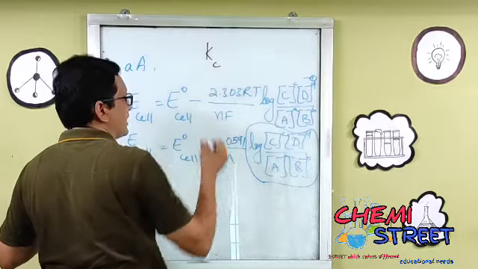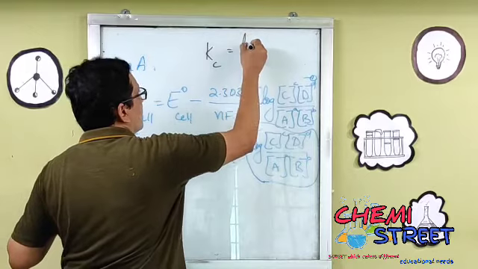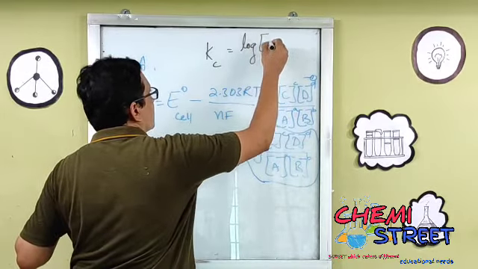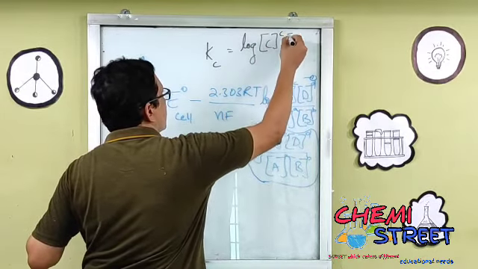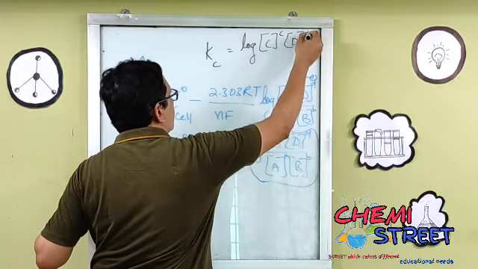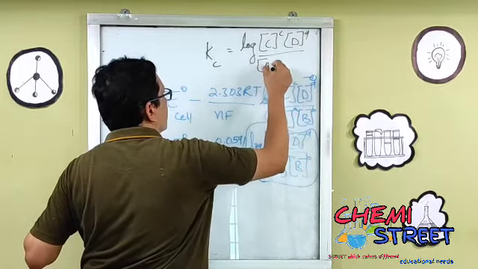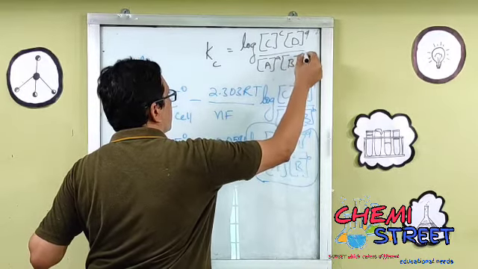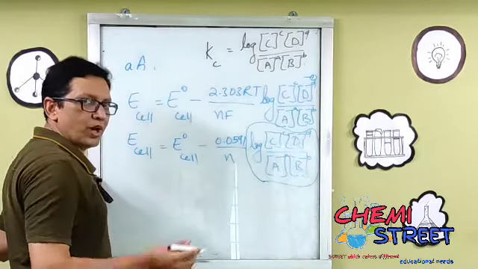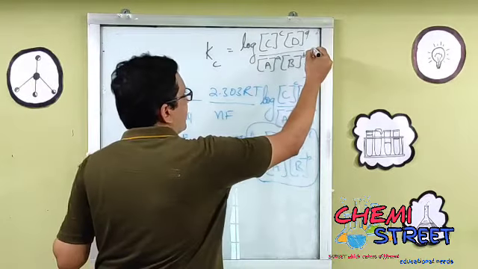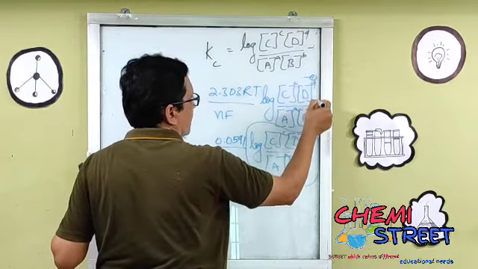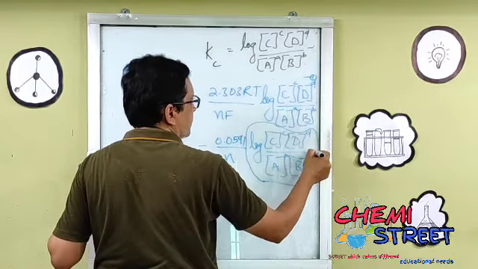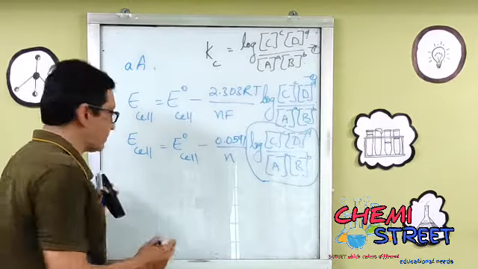The equilibrium constant Kc, which is equal to [C] raised to c, [D] raised to d, by [A] raised to a, [B] raised to b. You have already studied this. So this is equation number 1, this is equation number 2 and this is equation number 3. You are substituting equation number 3 in 1. Shall we see what happens?